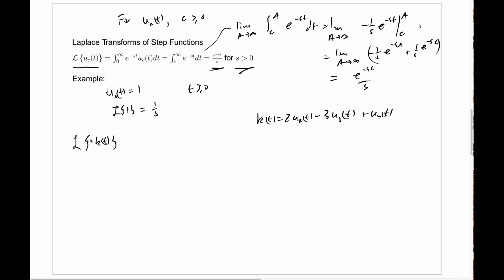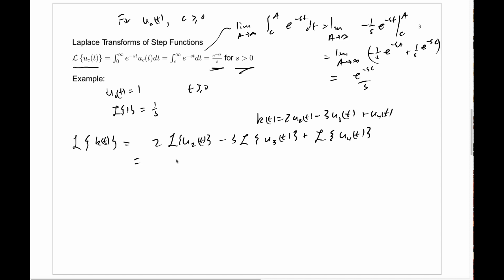Well, the Laplace transform of k by linearity would just be twice the Laplace transform of u sub 2 of t, minus 3 times the Laplace transform of u sub 3 of t, plus the Laplace transform of u sub 4 of t.